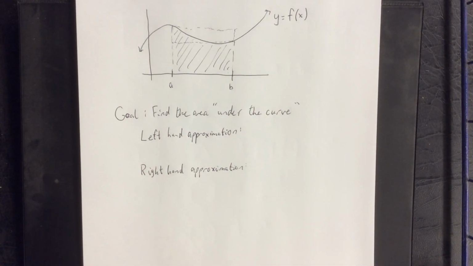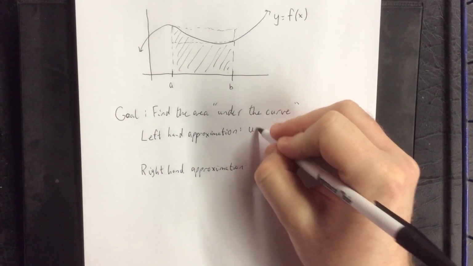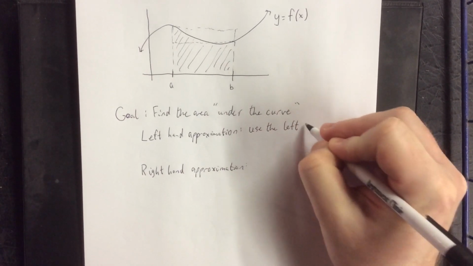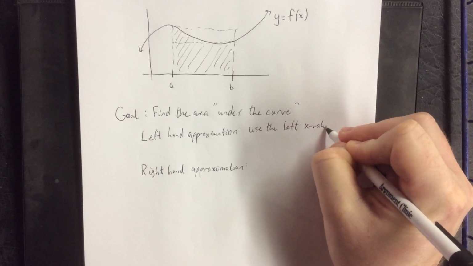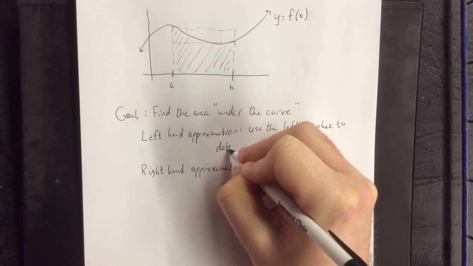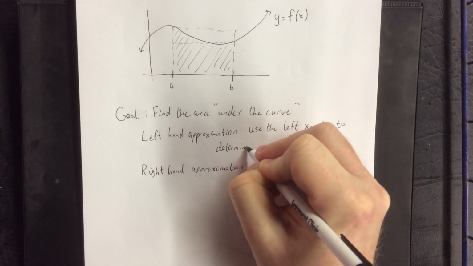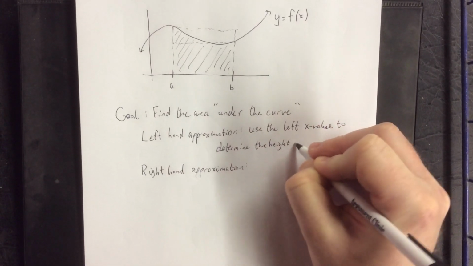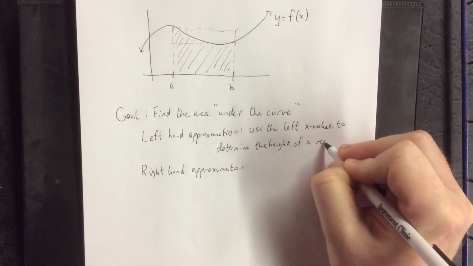The left-hand approximation says use the left x value to determine the height of a rectangle.